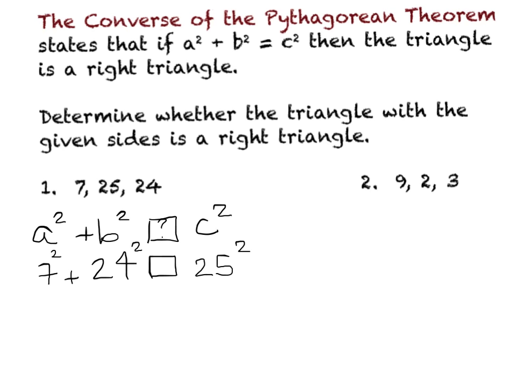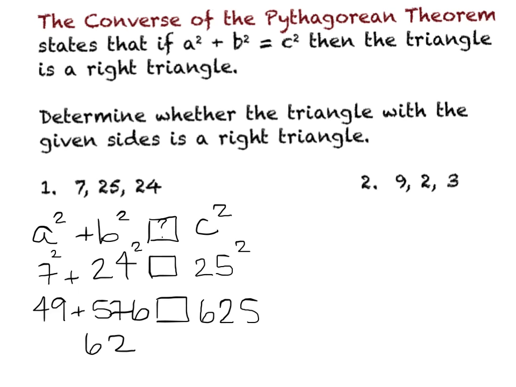All right, I'm just going to continue now. 7 squared is 49. 24 squared is 576. And I want to know if the sum of those two equals 25 squared, which is 625. When I add 49 and 576, I do get 625.